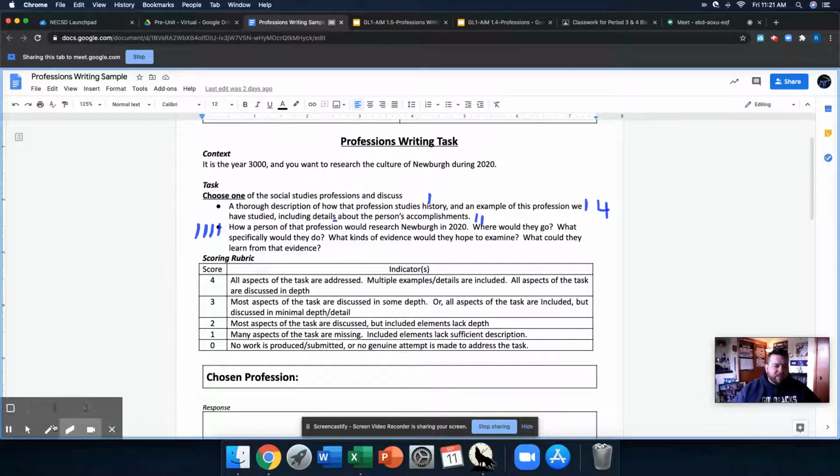So for this second bullet point, we're really looking at 4 different aspects also. If we go down here to the rubric, to get a 4, we need to discuss all aspects. That means you need to discuss all 8 of the different things that are required.